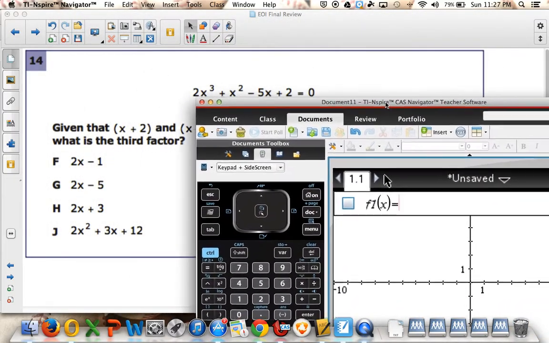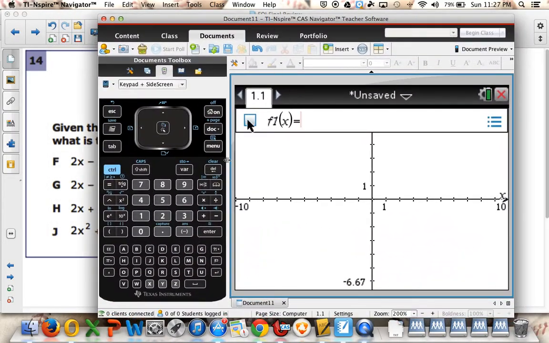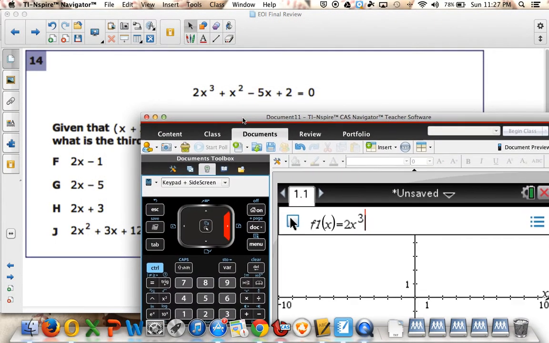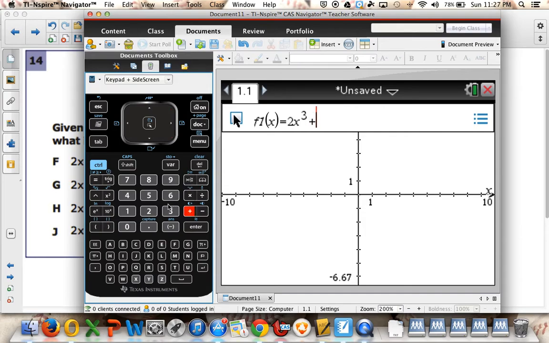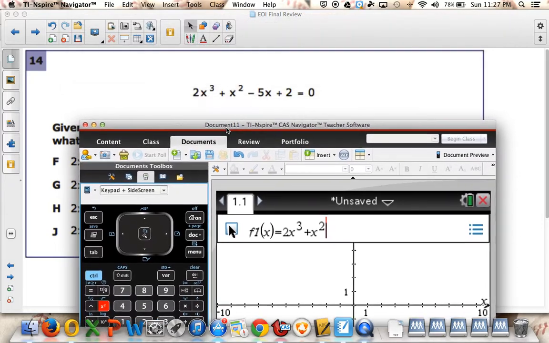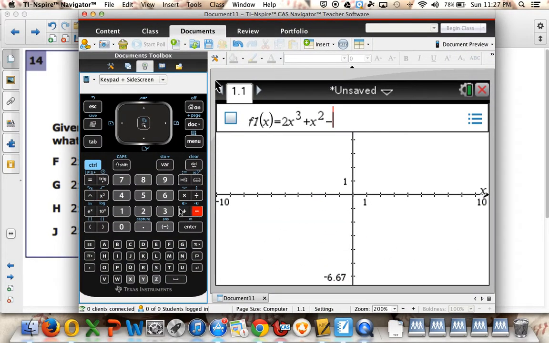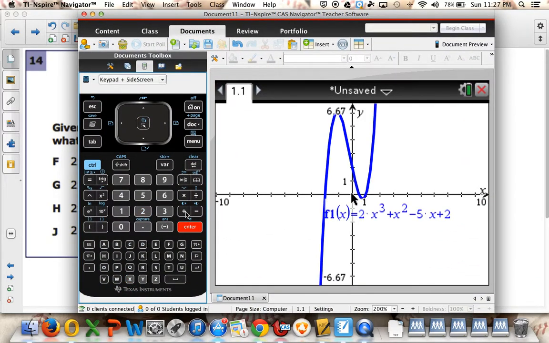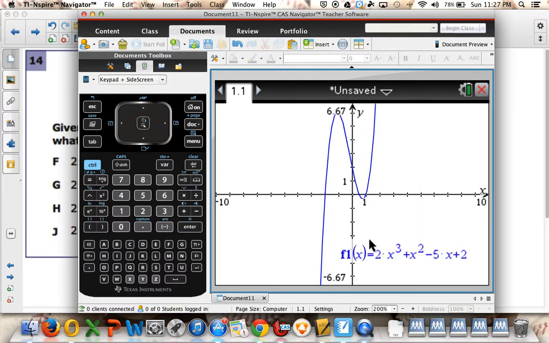So I have 2x cubed plus x squared minus 5x plus 2, and it crosses my x-axis 3 times.